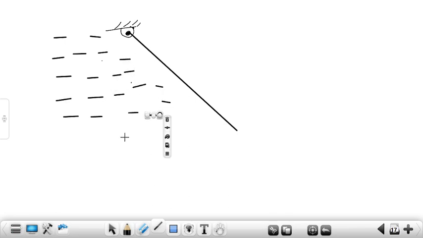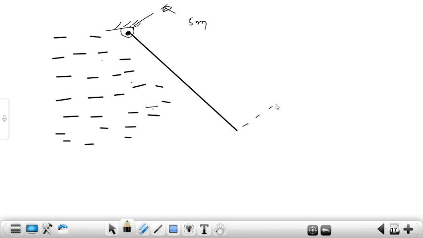We get the water. So this is the given length, 5 meter, and this is the center of gravity where the total weight of the gate acts, and this is the center of pressure where the hydrostatic force acts, and this is the datum line where we have to calculate.